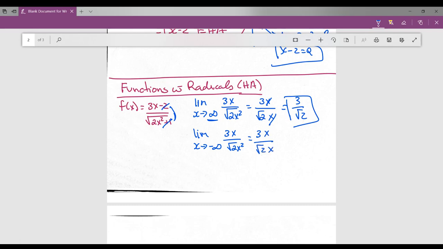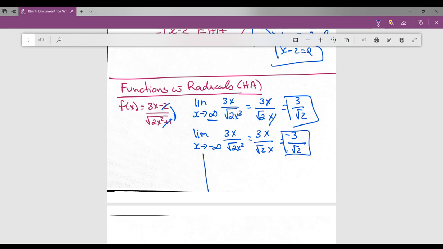Now, negative infinity in the top here is always going to be negative. So that's actually going to be a -3. The bottom here, this x was actually from here. It was always being squared and then square rooted. It's a positive root, so that's always positive. So the bottom is positive. So the answer when you go to negative infinity is negative 3 over root 2.